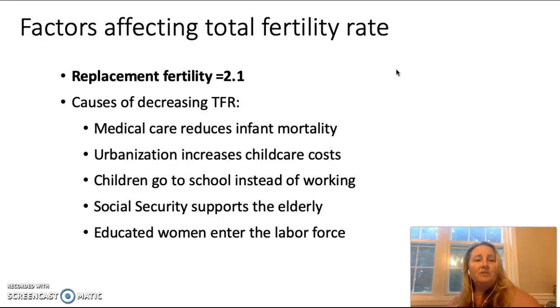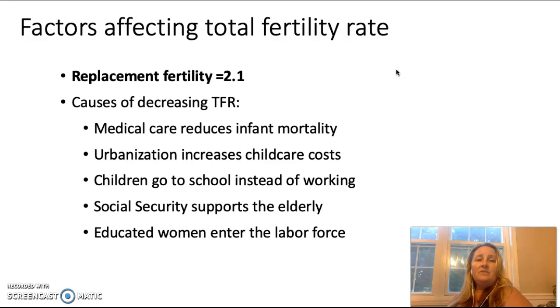Okay, so replacement fertility is 2.1. So that is 2 kids for every 2 parents, and the 0.1 accounts for really early deaths of children. Now, what we would want is in countries that had a high growth rate, we want to try to make that fertility rate get lower, closer to 2.1 or below 2.1.